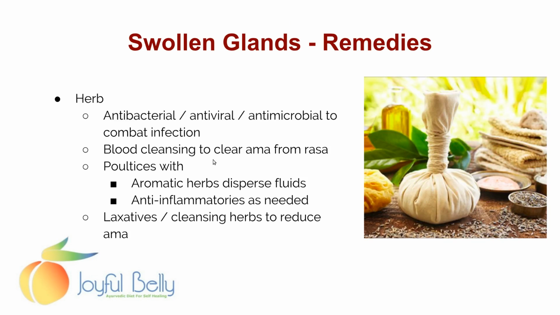They can take antibacterial or antiviral or antimicrobial herbs to combat the infection, or blood cleansers to clear ama. Poultices are especially helpful for swollen glands, and especially a poultice with an aromatic herb to disperse fluids, or anti-inflammatories as needed. Some laxatives might be helpful if you need to clean out the ama, because that can help the person overcome the infection.